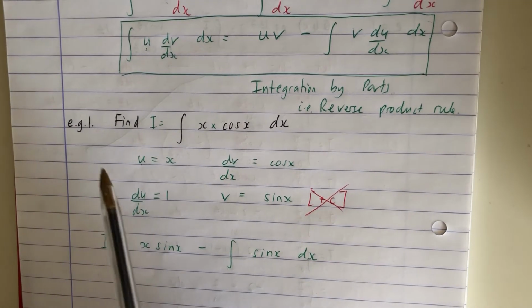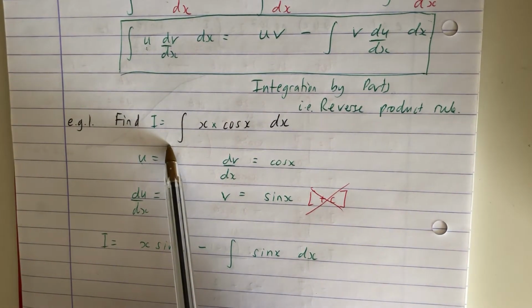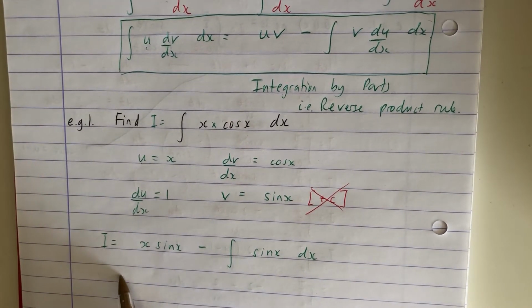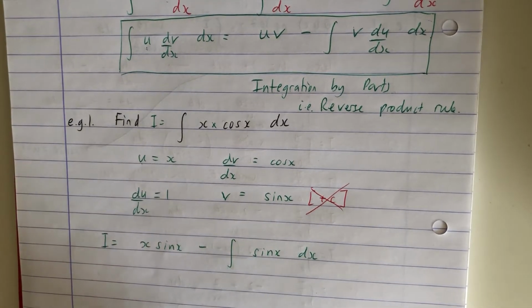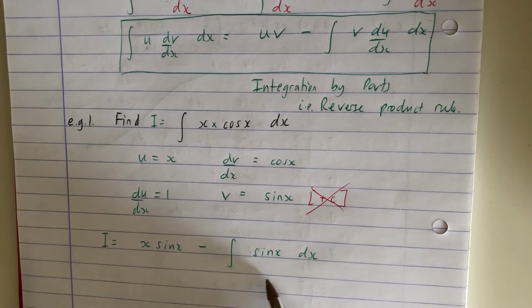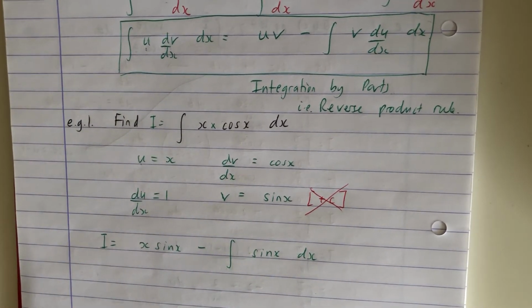And if you look at that first integral, we had to do x cos x with respect to x, and look to see what we've got. The integral we've got now is a lot easier. We've got the x sin x at the start, and we only have to integrate sin x, which we should know. So this is easier.